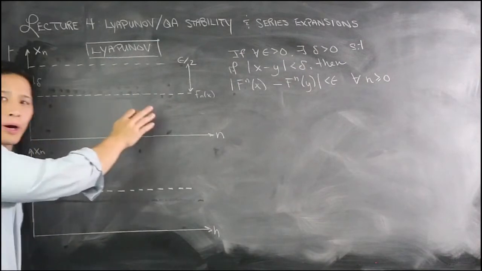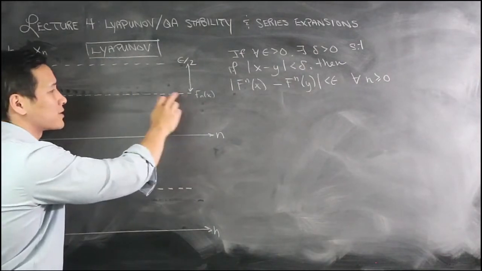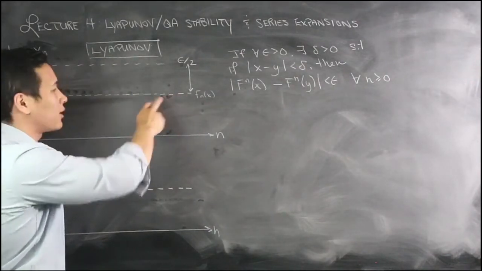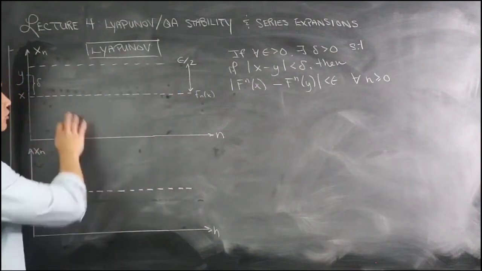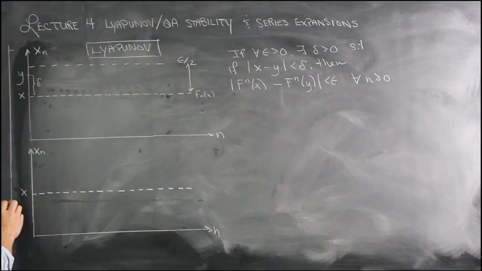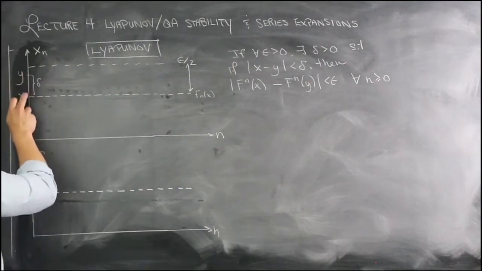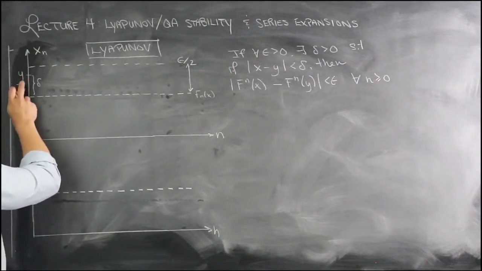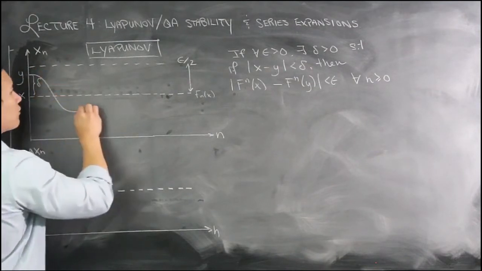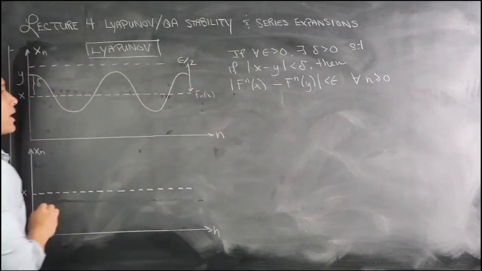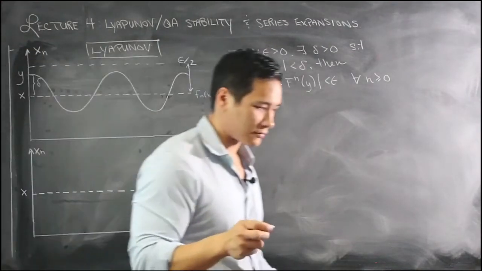Okay, I've drawn it, by the way, so that fⁿ of x is constant, but it doesn't have to be that way, right? This fⁿ of x might also move around. I'll draw a picture of that in a second. And the point is that as long as I pick my y within a distance delta, then the iterates here will lie within that band, which is of size epsilon.